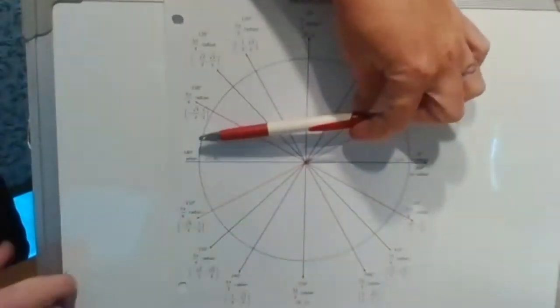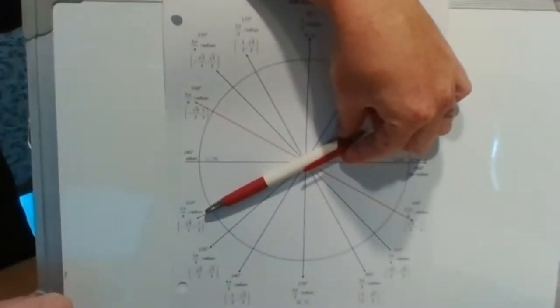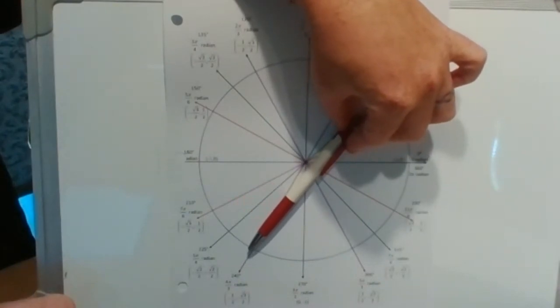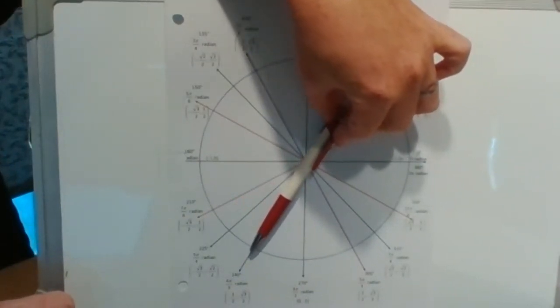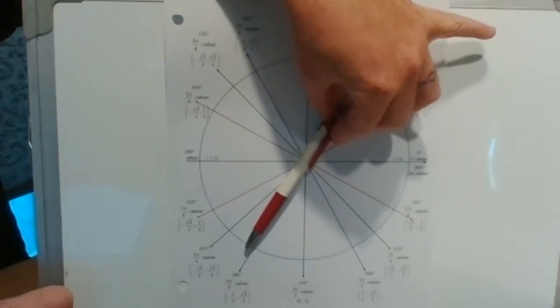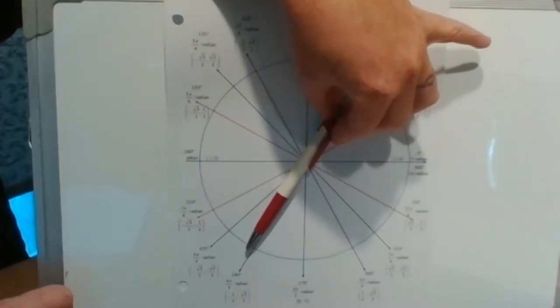And then I keep going. 7 pi over 6. 8 pi over 6, which simplifies to 4 pi over 3. See, and then I just lost count, so now I'm going to do it again.